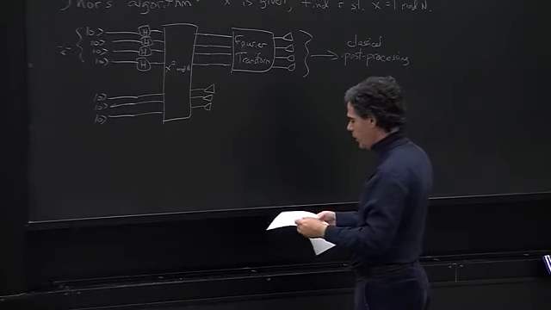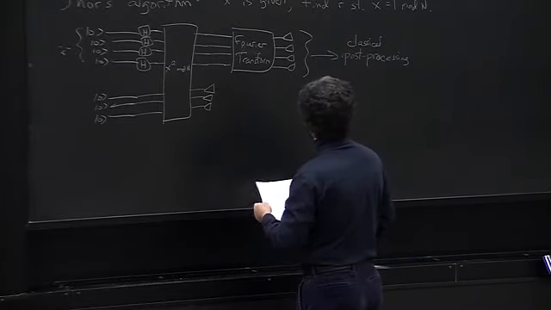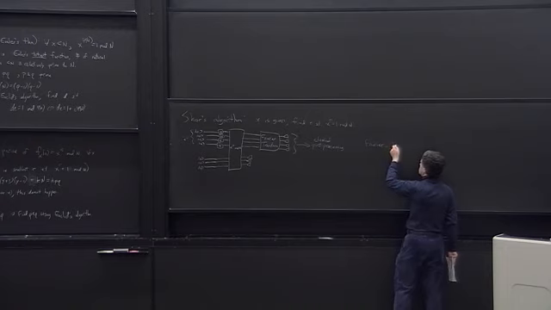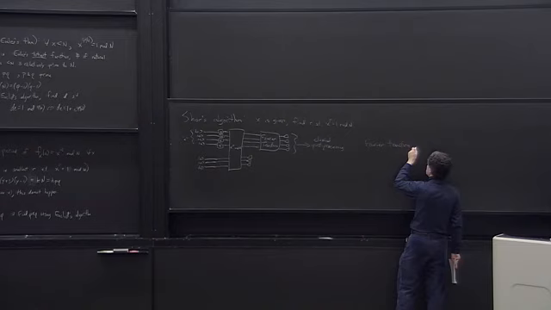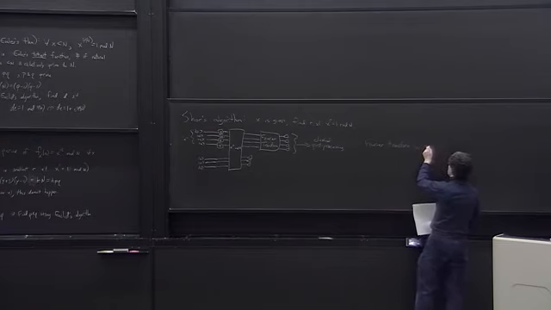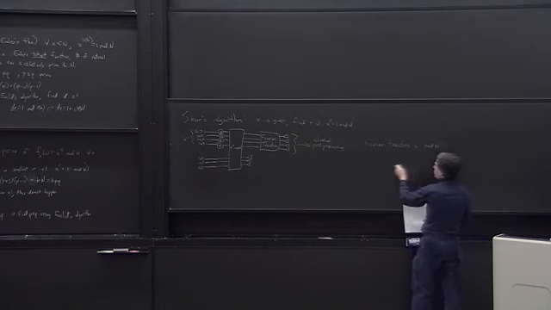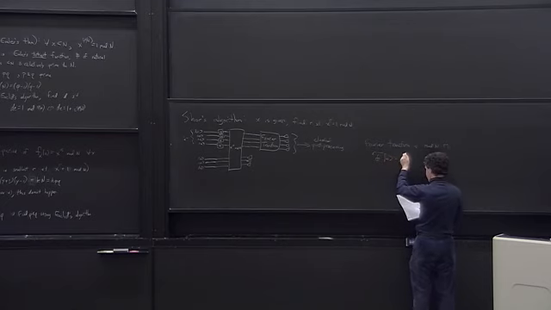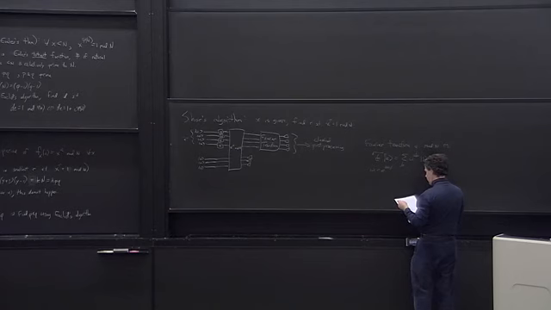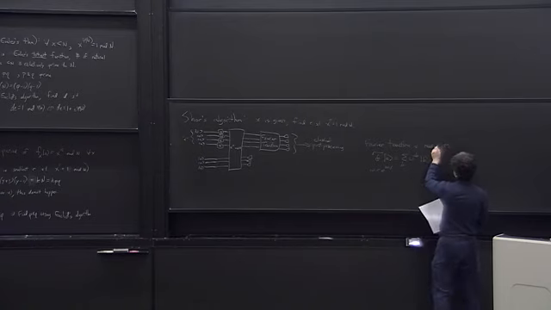So this Fourier transform is the mod n Fourier transform. Here's what it does. If you apply it to a basis state A, it gives you the sum over b of omega to the ab, b, where omega is, sorry, it's not mod n, it's mod 2 to the little n.